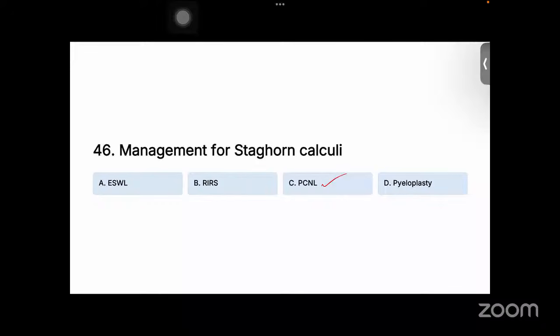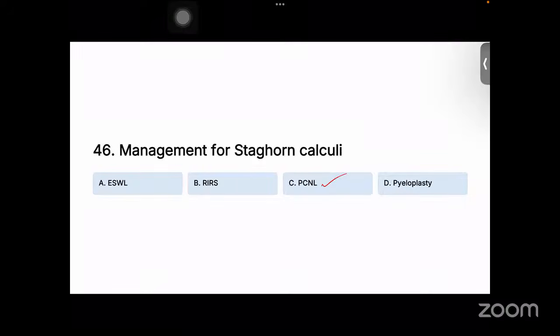Okay, if the calculus is more than 2 centimeter, we do the PCNL instead of ESWL. And the second thing, the calculus should be the staghorn calculi. Then we put a PCNL. Okay. Number 3, if the calculus is stuck in the diverticula, we go for the PCNL rather than the ESWL.